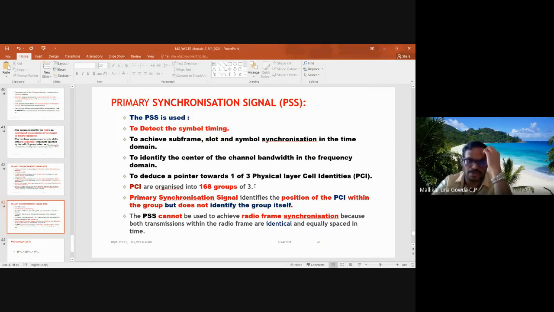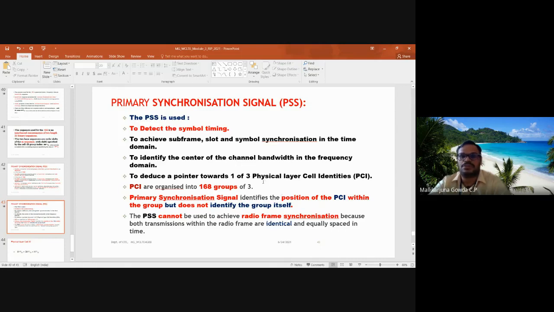So 168 into 3 gives 504 unique physical layer cell IDs. This PSS will identify the position of the PCI within that group, but it will not identify the group itself.